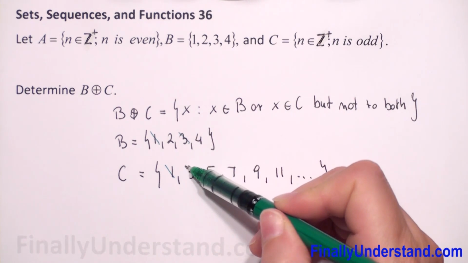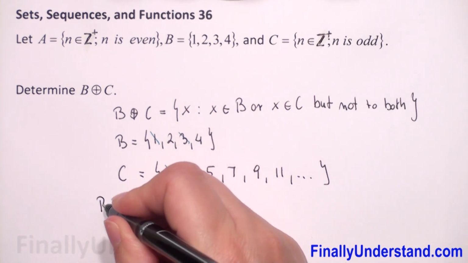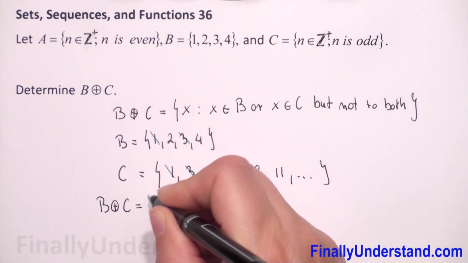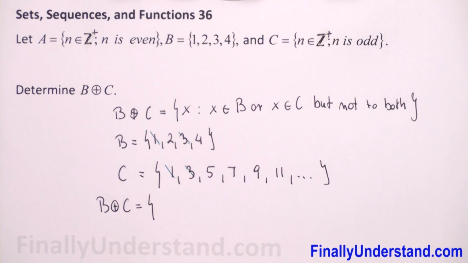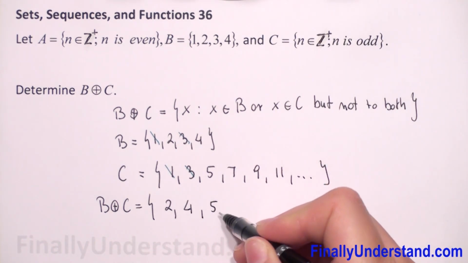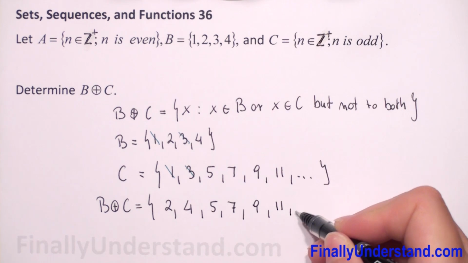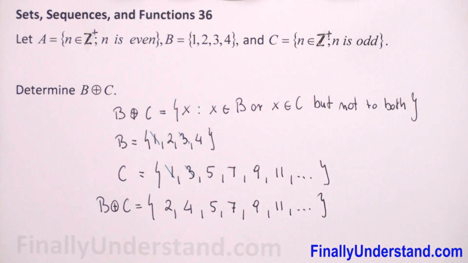Next we have 3 and 3. 2 and 4, we don't have in set C. So the symmetric difference of sets B and C will be 2, 4, 5, 7, 9, 11, and so on. So this is my solution.